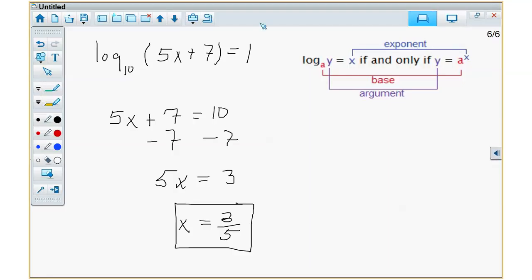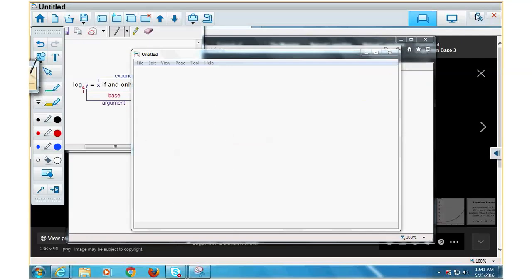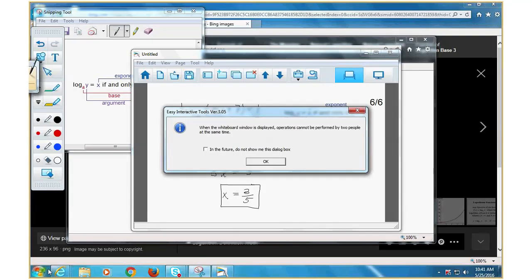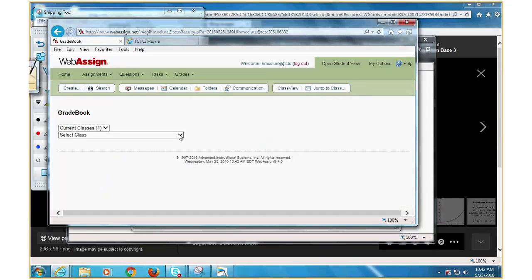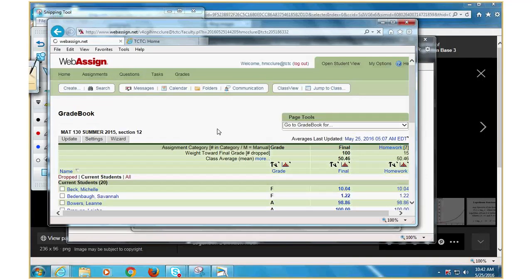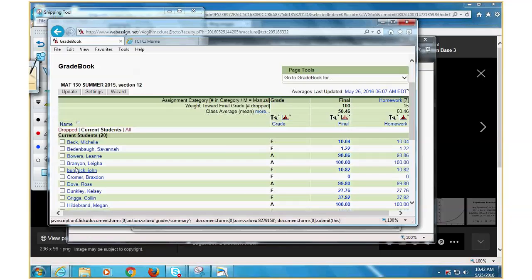Okay, let me switch over to WebAssign. What's your last name? Bowers. I'm going to see if I can do this.